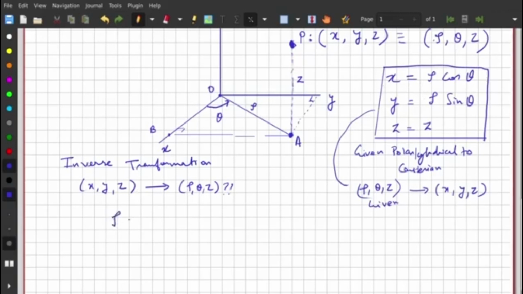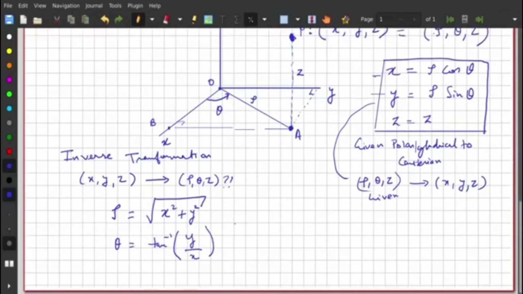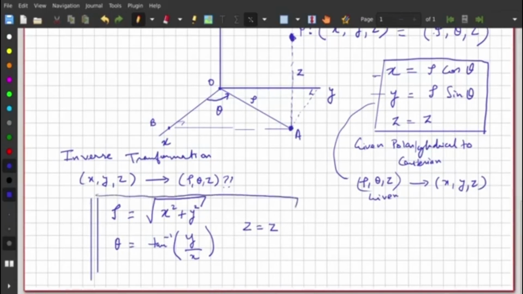Rho is the square root of x squared plus y squared, since it's a distance in the xy plane. That's rho. What is theta? Theta is a tangent. If you divide the second equation by the first, we get tan theta, which is y over x, and z stays as it is. So these are the inverse transformations.